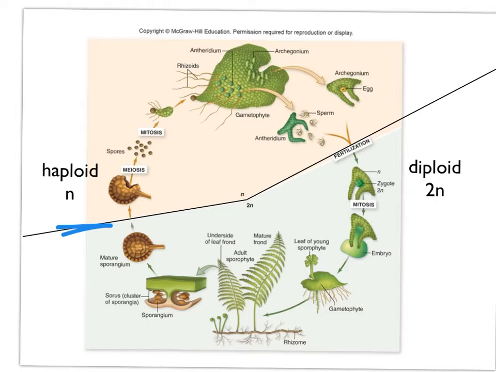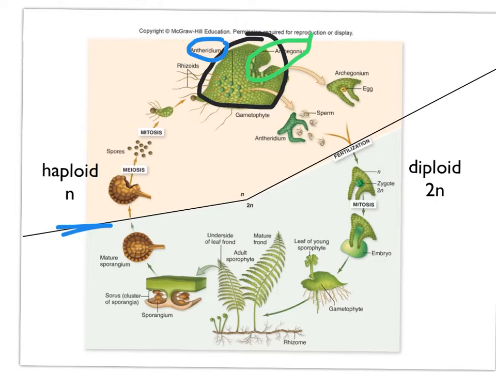So we've got this generalized gametophyte right here, and we've got both male and female structures, the antheridium and the archegonium, okay?